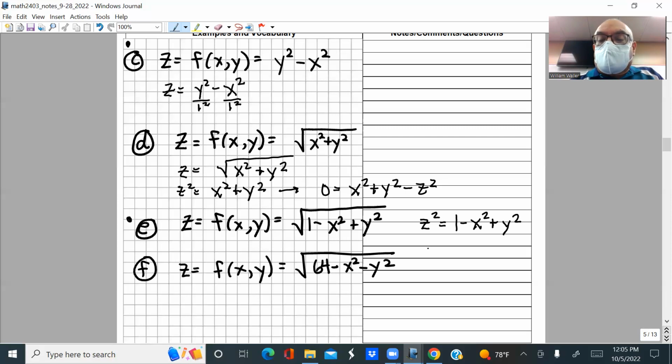It looks like we would get z squared plus x squared minus y squared equals 1. Is that something? A one sheet. Yes, that's right. That's a one sheet hyperboloid.